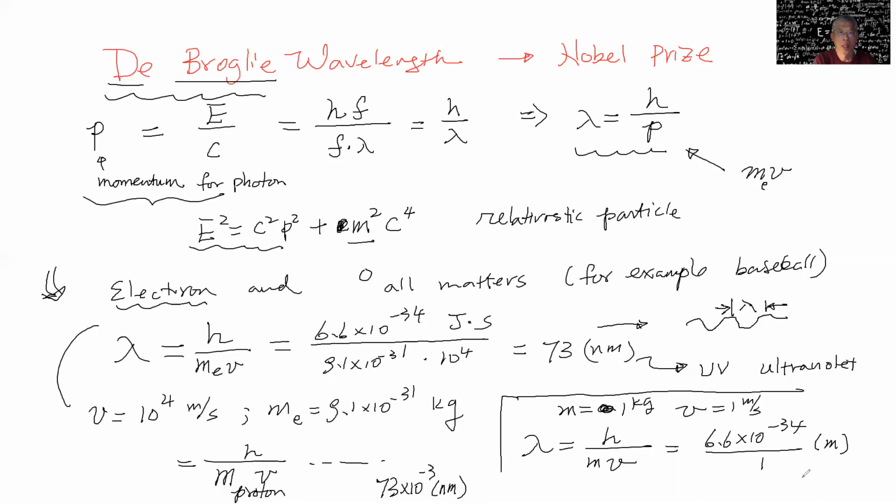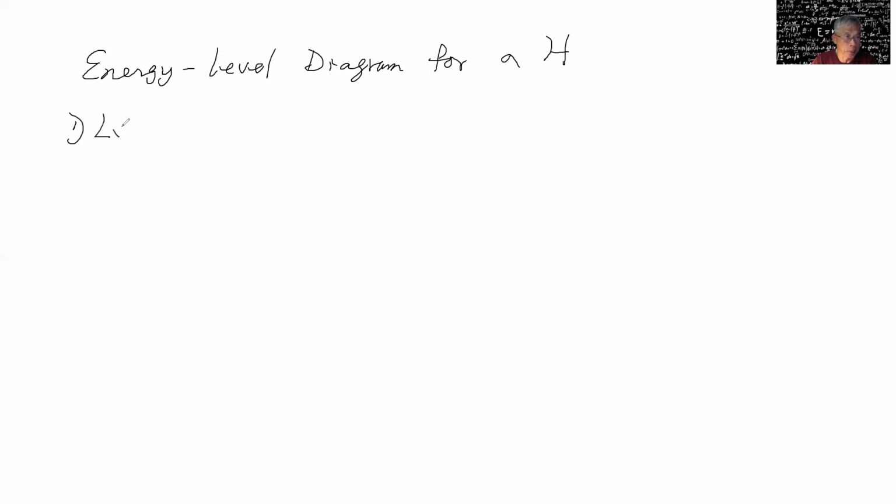All right, next we're going to talk about the hydrogen model, its energy level diagram for hydrogen. We're going to introduce 3 series. One is called Lyman.